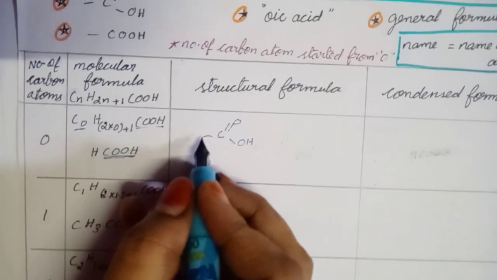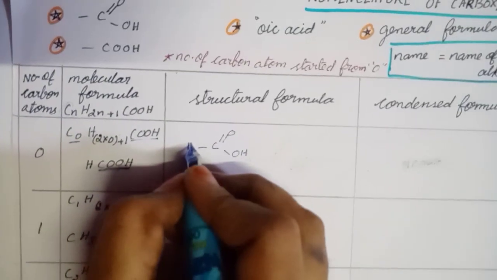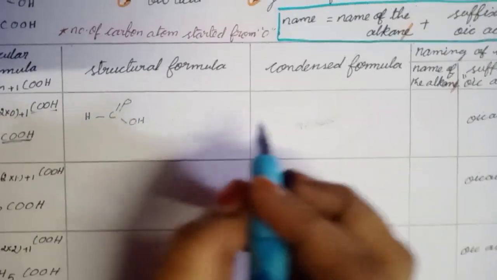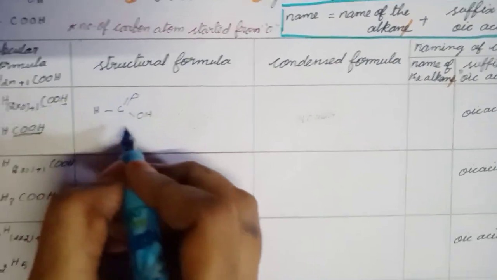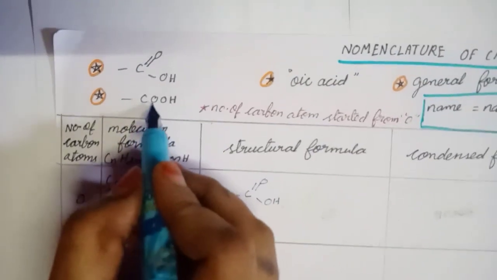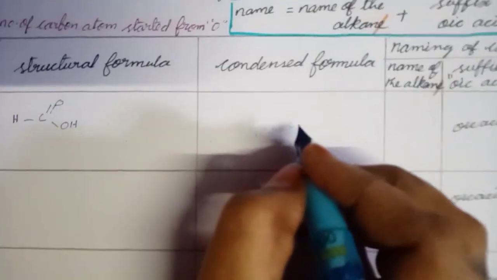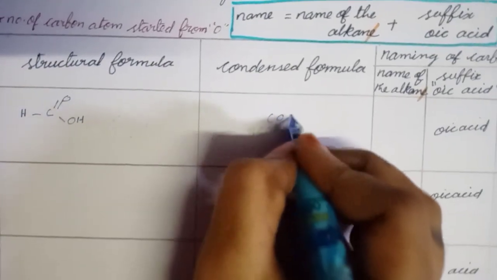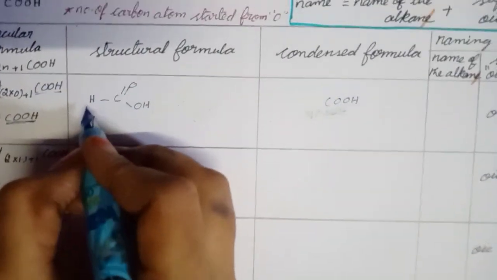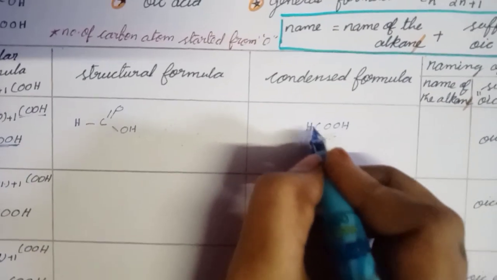Next, this is a place for hydrogen. So how do we write the condensed form? The condensed form for this structure is COOH. So I write COOH first, then I write the remaining hydrogen atom.